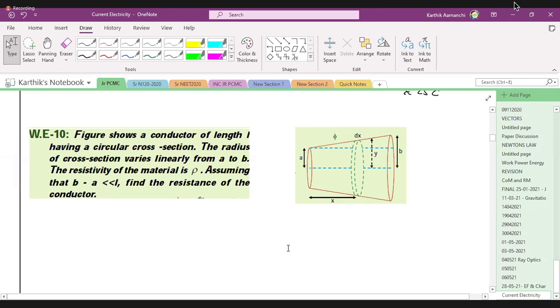So your initial diagram would be something like this. Here to here, the distance is b. From here to here, distance is a. So like this will be your initial diagram.